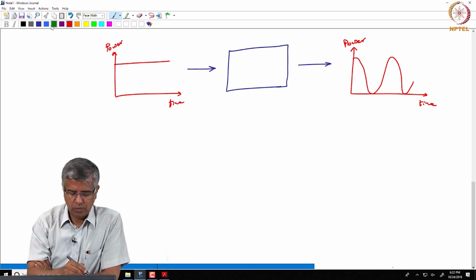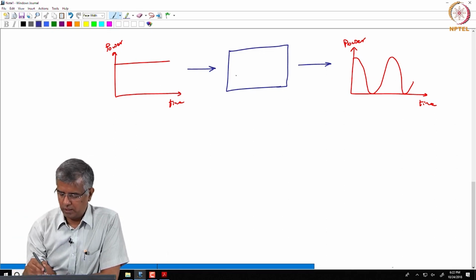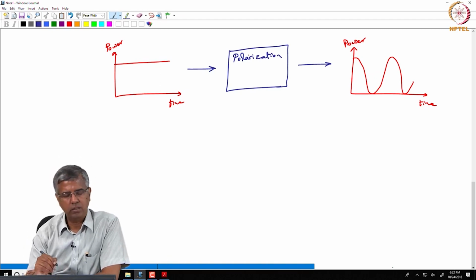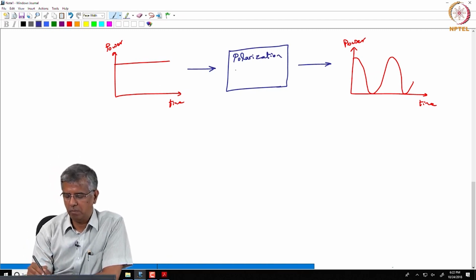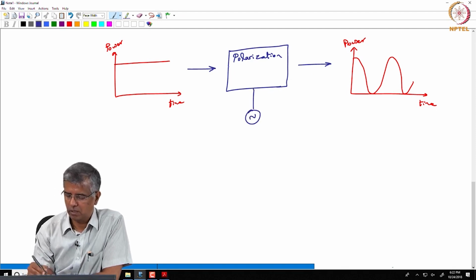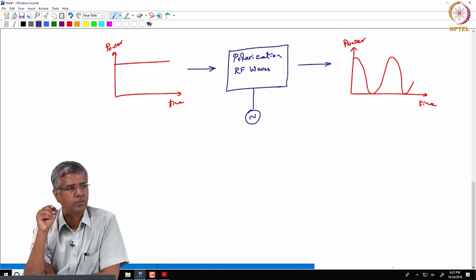What we are going to see is that modulation can happen through manipulation of the polarization of light, or you can manipulate this by an external signal applied through RF waves, radio frequency waves.